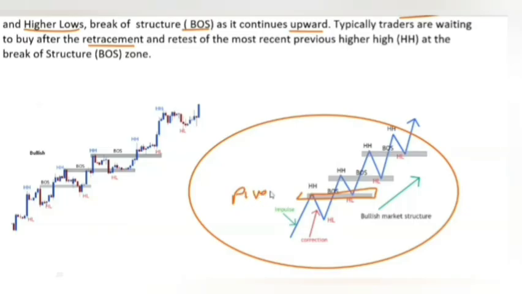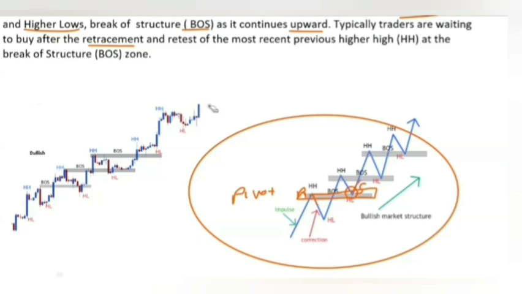For those who remember their physics, there is a pivot and fulcrum, where you have something like a seesaw, where you have resistance here, and now after the retest you have a support. So you buy at the support. You never buy at the resistance. You wait for confirmation, either to the downside or to the upside.